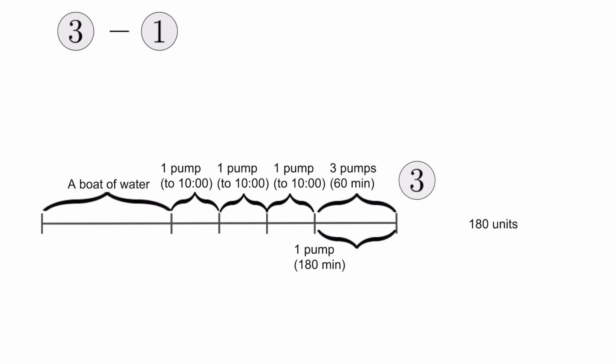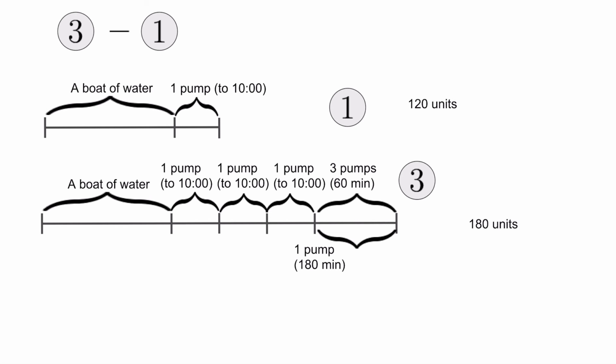We can do the same. We will subtract case number 1 from case number 3. This is case number 3, and this is case number 1. They have 180 units and 120 units of water, respectively.